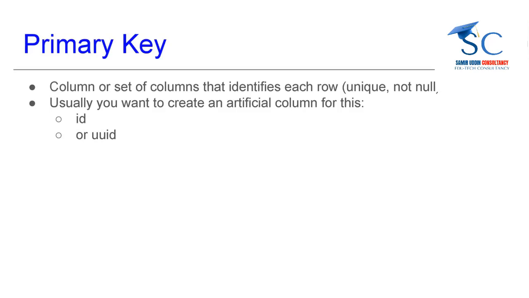So typical examples of a primary key are the ID column, which is almost always numeric, and UUID, which is usually a quite long string, or better, a series of bytes.